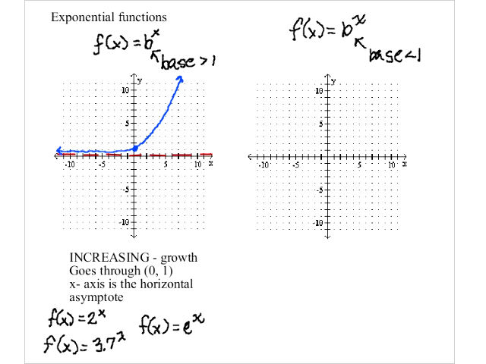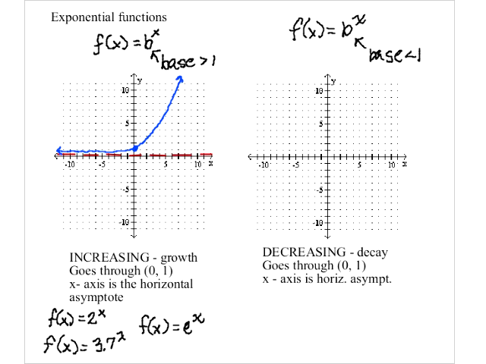Okay, so this is decreasing, which means it's decaying. It still goes through 0, 1, and that's the point that we're going to use to do our shifting and our flipping, because that's the one that we know, and it still is the x-axis is the horizontal asymptote. Okay, so the graph looks very similar except it's decreasing.